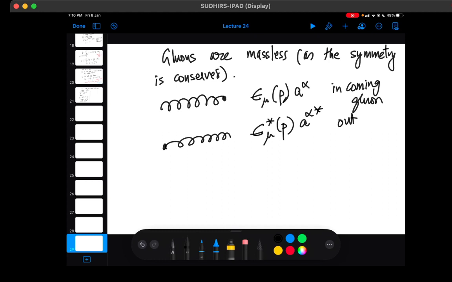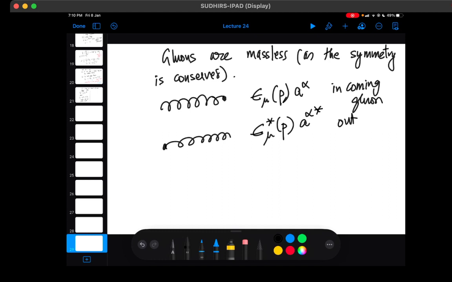alpha delta eta f beta gamma eta g mu nu g lambda rho minus g mu lambda g nu rho, and finally you'll also have one more term which is f alpha gamma eta f delta beta eta in terms of g mu rho g nu lambda minus g mu nu g lambda rho.